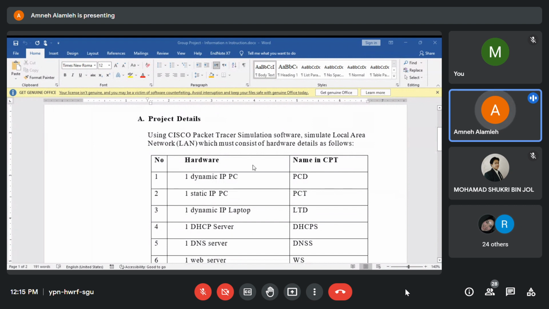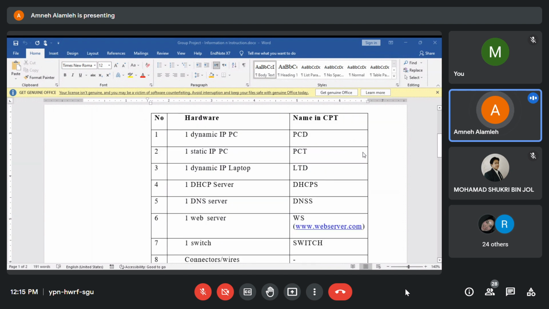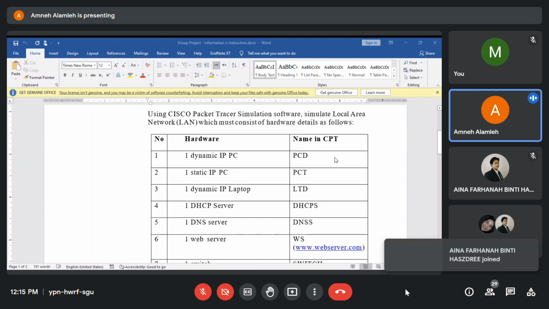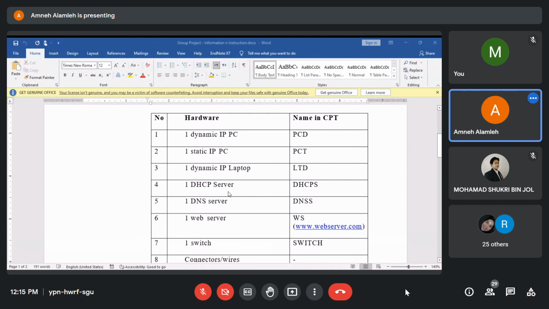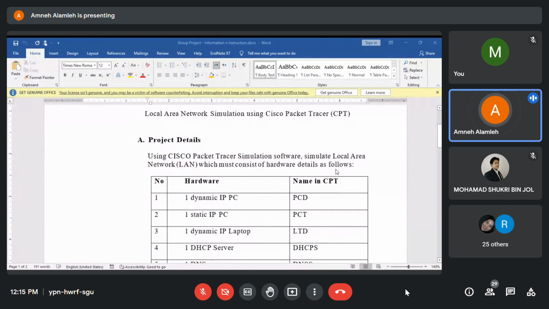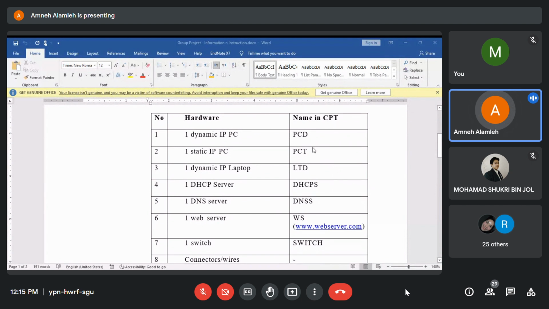The project details. Using Cisco Packet Tracer simulation software, simulate a local area network which must consist of hardware as follows. The hardware in your local network will be one dynamic IP personal computer, one static IP personal computer, one dynamic IP laptop, one DHCP server, and in the other column, the name in Cisco Packet Tracer, how you will find the name.